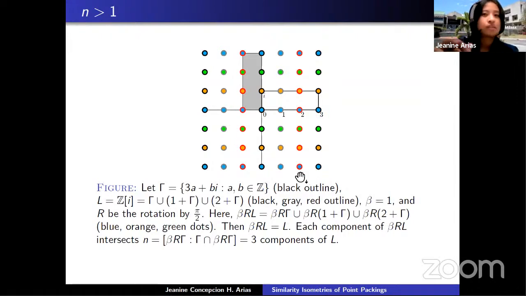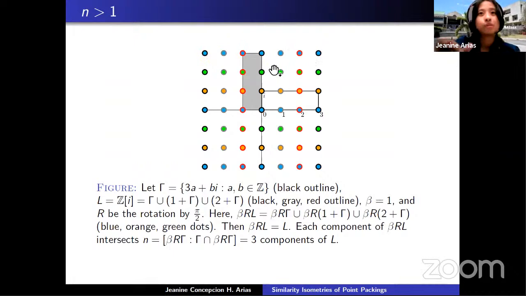Let's also consider beta equals 1 and R to be the rotation by 90 degrees about the origin. If we rotate by 90 degrees about the origin, what will happen to our black, gray, and red outline dots? The black outline dots will go to the blue dots.